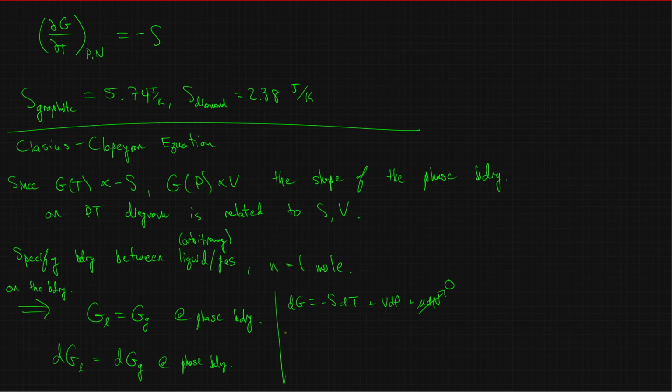So now we can use this relationship and apply it to both sides of this equation, dGl and dGg, where L is liquid and G is gas, or just some states, it doesn't matter. So we get minus SL dT plus VL dP is equal to minus SG dT plus VG dP. So we're just applying the thermodynamic identity, restricted to dN equals 0, to what we know about the phase boundary itself.